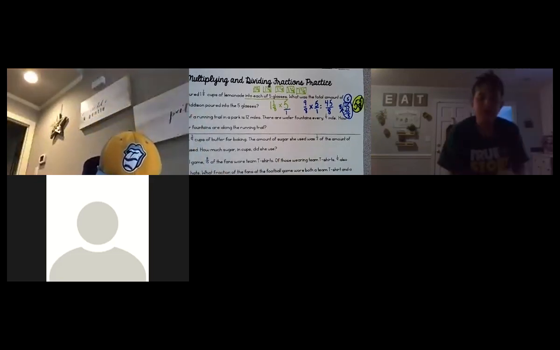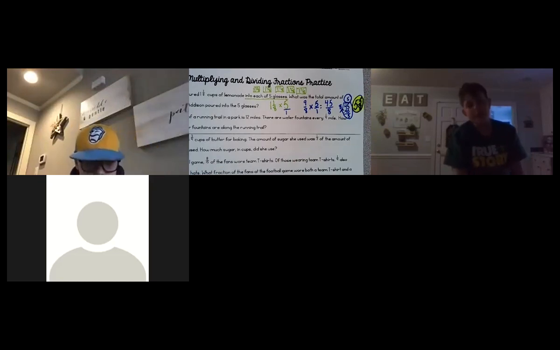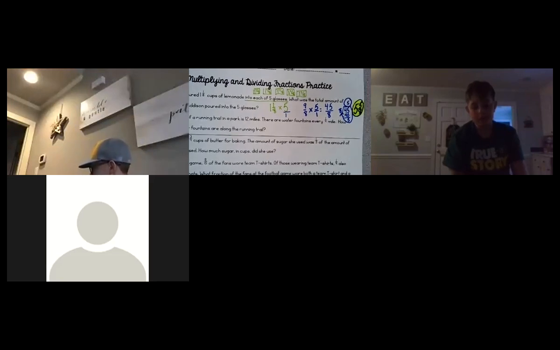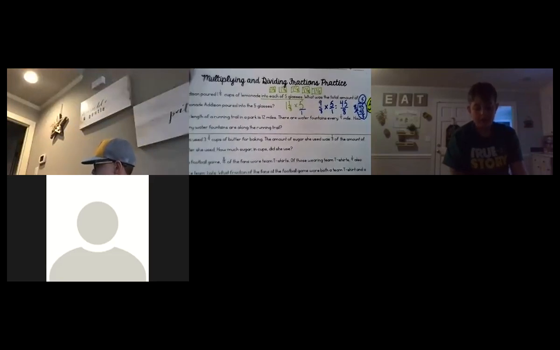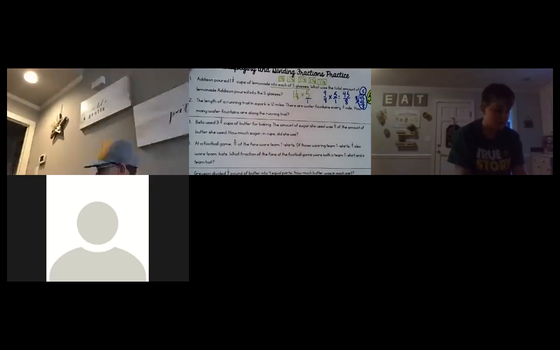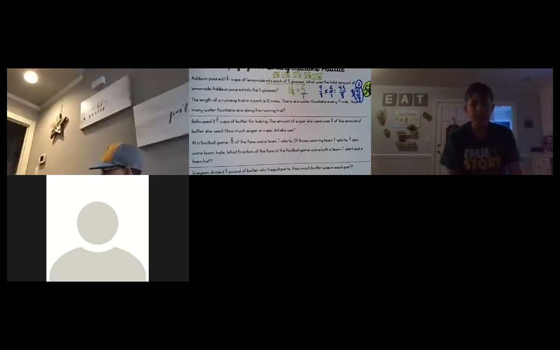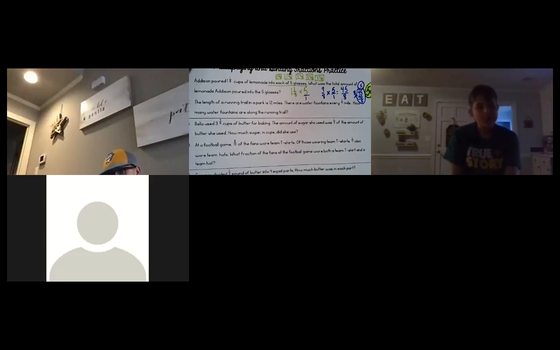Number 2, the length of a running trail in a park is 12 miles. There are water fountains every fourth of a mile. Maya, unmute yourself and tell me how I'm going to solve this. Twelve times 1/4.